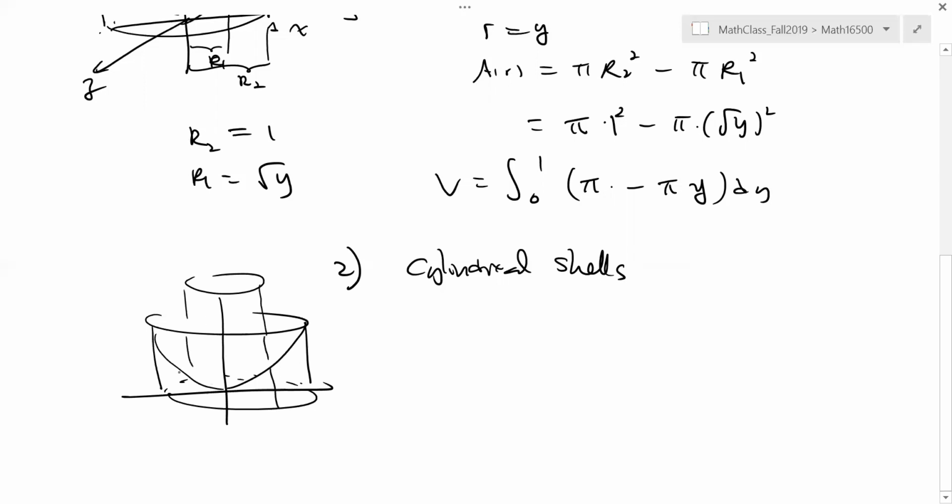So what I got here is a cylinder inside. Okay, this is a cross section. Right, so this is a cylinder. So what is r here? This is r, right? R changes, the cylinder changes.